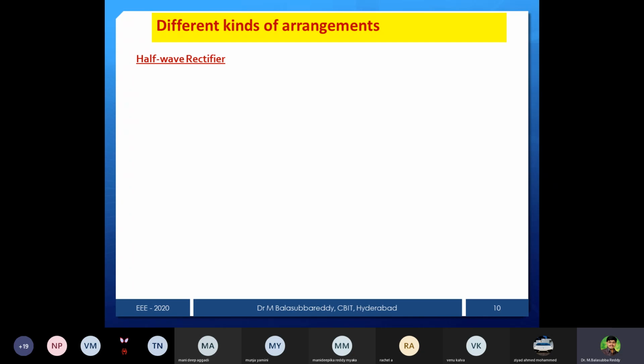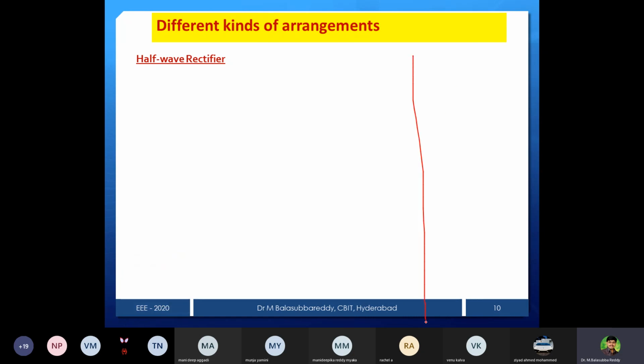Once you increase the pulse number, the ripple magnitude decreases and the output voltage is improved, and hence we can go for a higher pulse number, but it cannot go beyond a certain level.